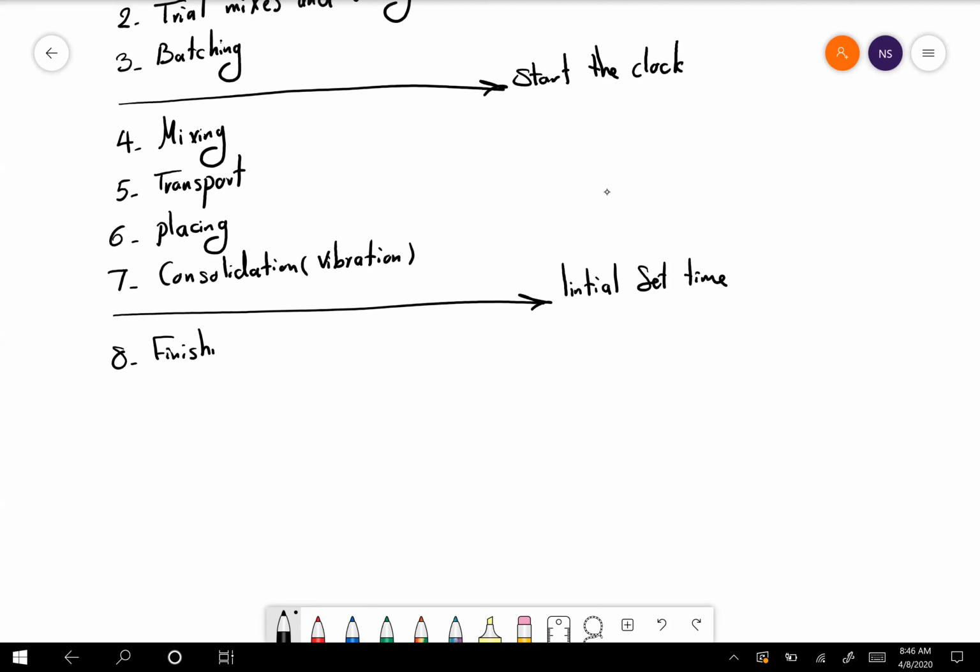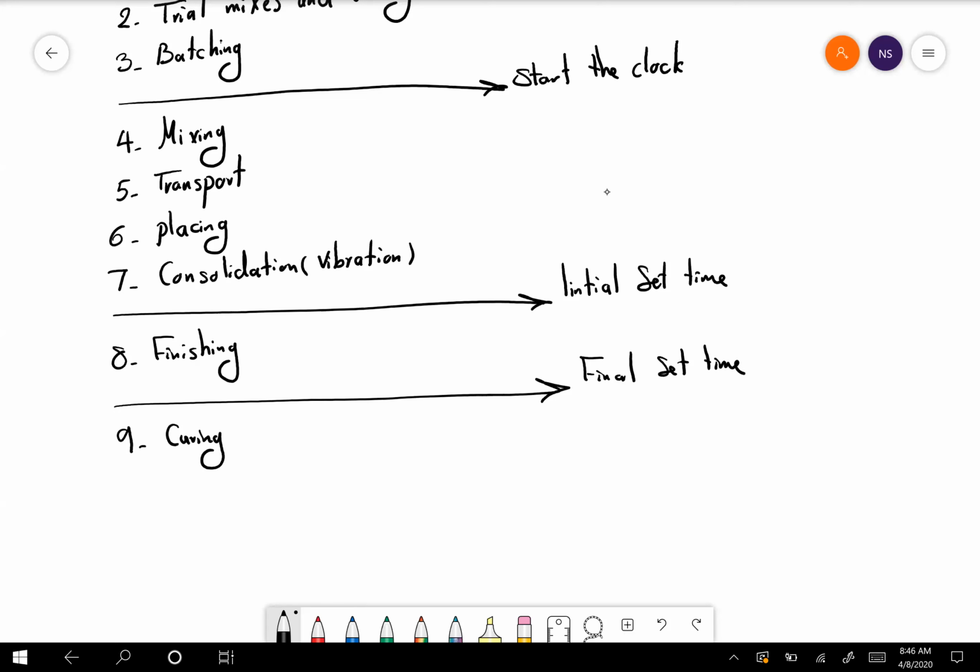If you need to finish the surfaces, this is the time to do it. And then you have the final set time here. It means that at this time the concrete starts to harden, and you cannot change the surface anymore. So at this point, the curing process starts.